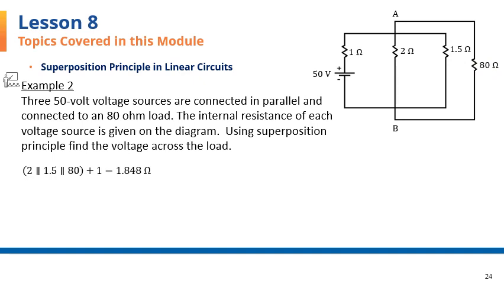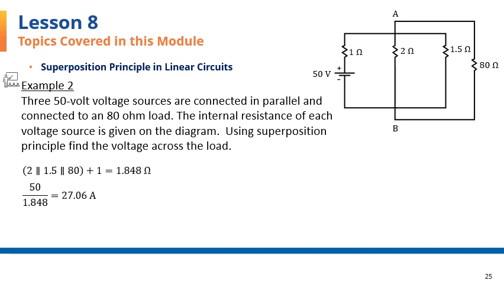You can see the equation here. 2 and 1.5 and 80 are taken in parallel, and their equivalent is added to 1 to get the equivalent resistance seen by this 50 volt source, and that equivalent resistance comes to 1.848 ohms. Now dividing 50 volts by this equivalent resistance gives the current through the 1 ohm resistor here. And I've done that here.